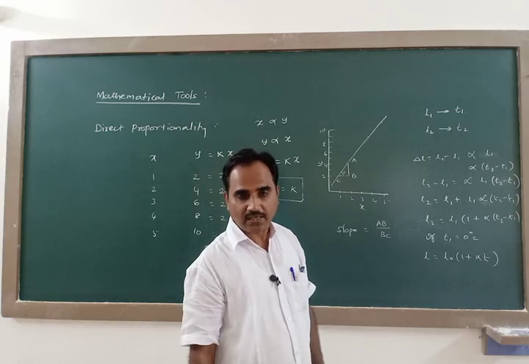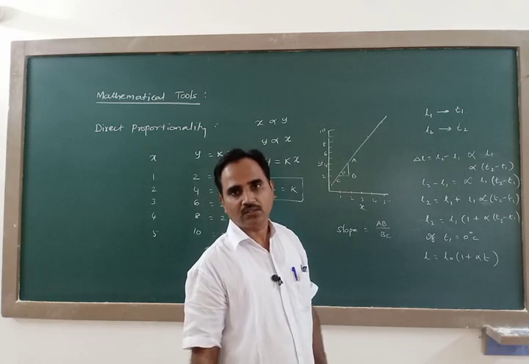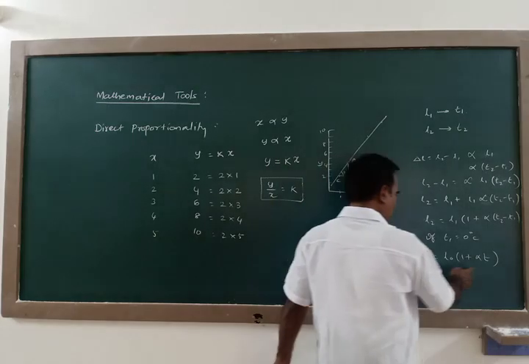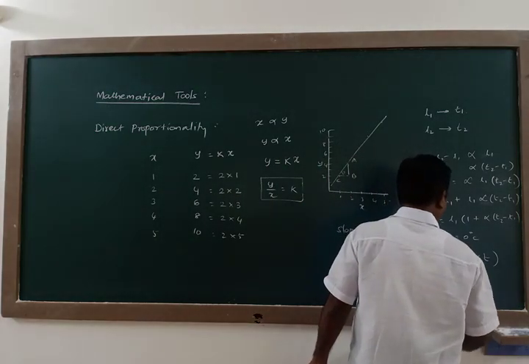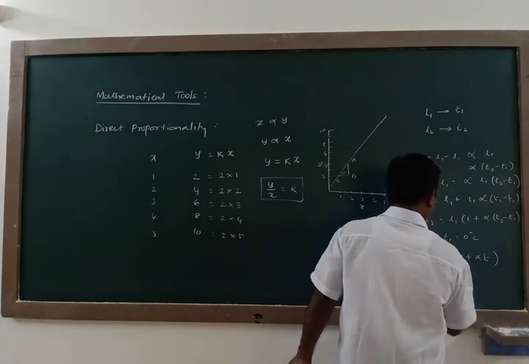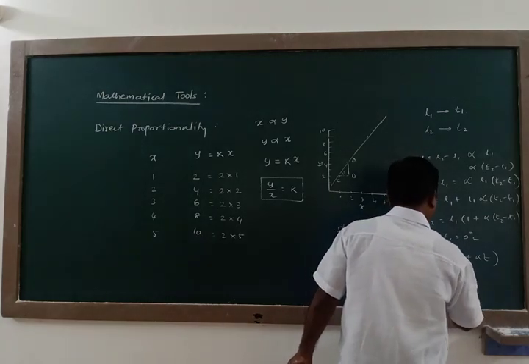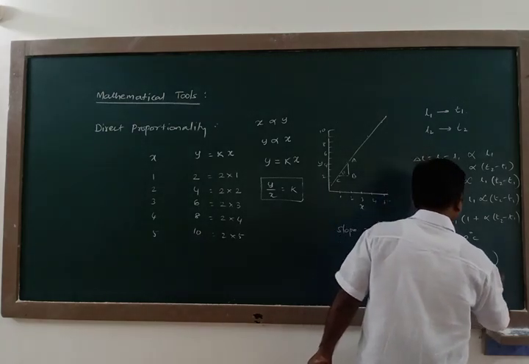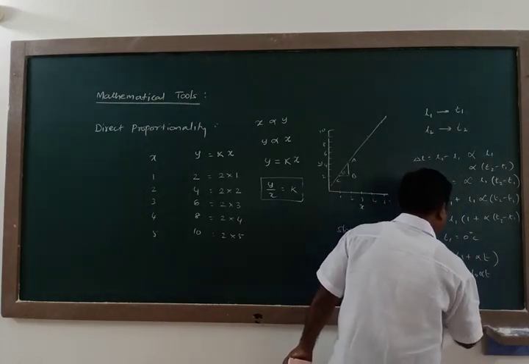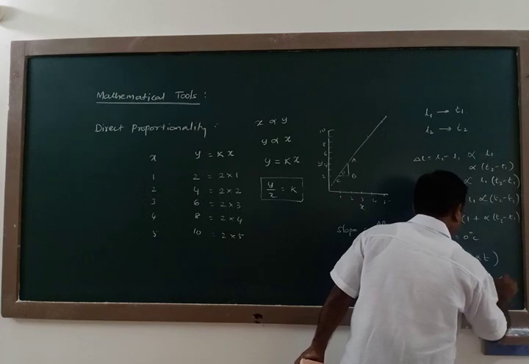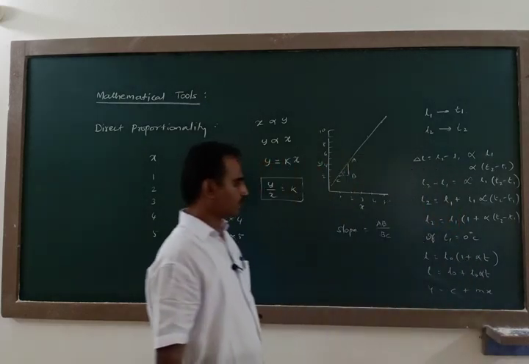Obviously it must be a straight line, because this equation is of the form y is equal to mx plus c. See, this can be written as L is equal to L0 plus L0 alpha T. This is of the form y is equal to mx plus c.